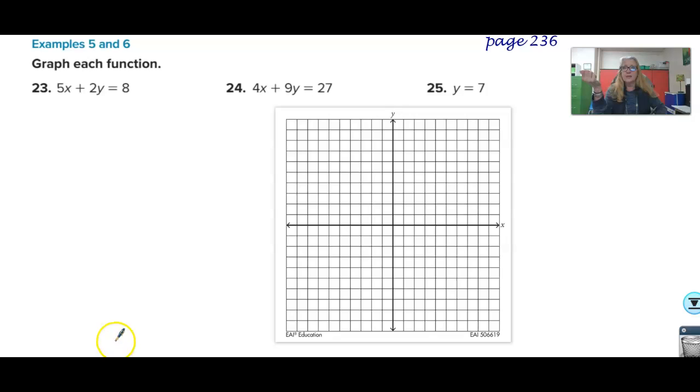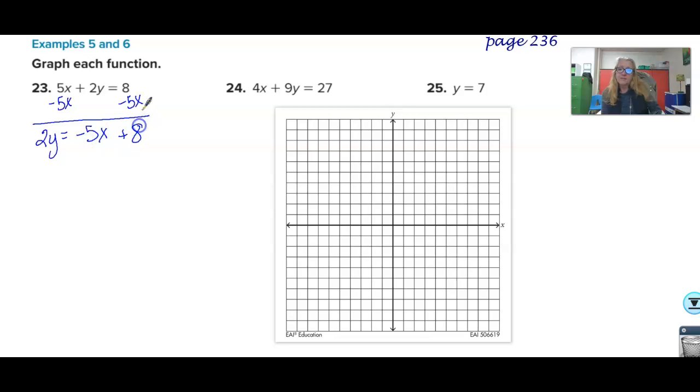Okay. All right, now they're going to give you functions that are not in slope-intercept form, and they want you to graph them, okay? Starting with this one, we want to have y by itself, so we're going to have to put it in slope-intercept form. We're going to subtract 5x from both sides, which gives me 2y equals -5x plus 8.